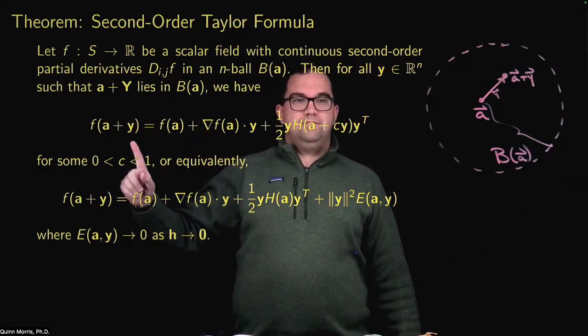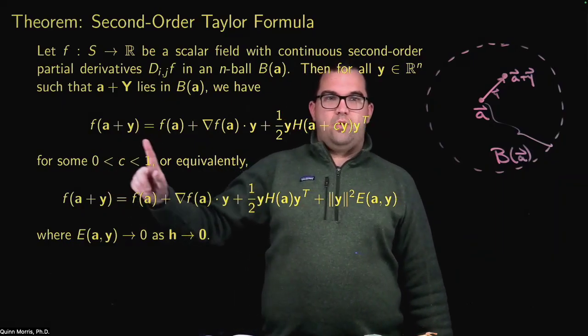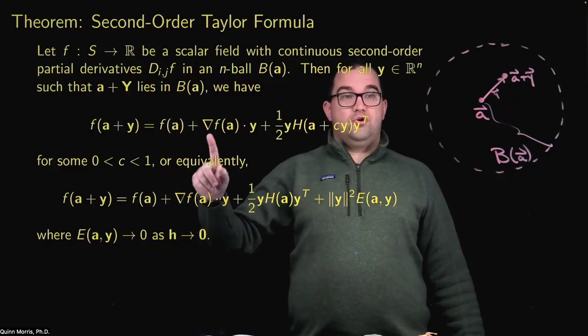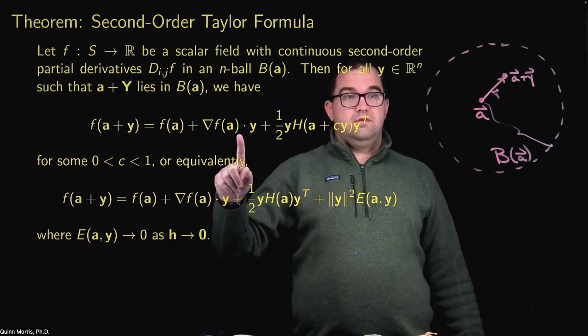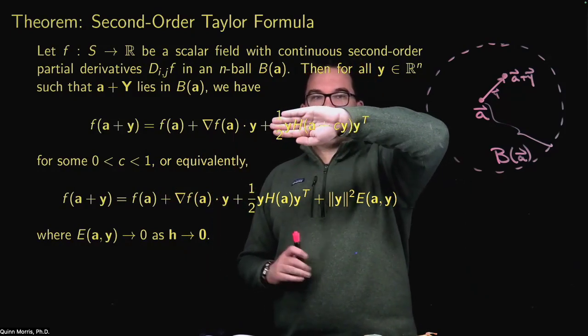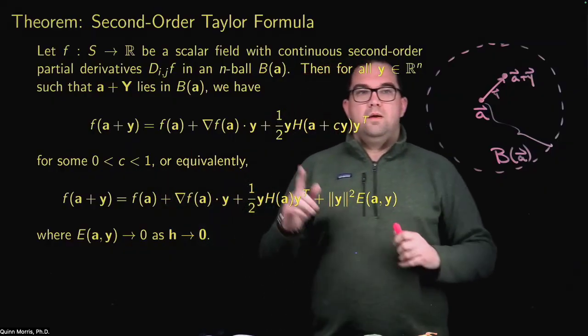So for all y such that A plus lowercase y lies in B of A, we have f of A plus y. Notice this is going to be our second order Taylor formula. So f of A plus y is equal to f of A plus the gradient of f of A dotted with y. If I ignore all of this stuff sitting over here, this is looking like the first order Taylor formula, which is good.